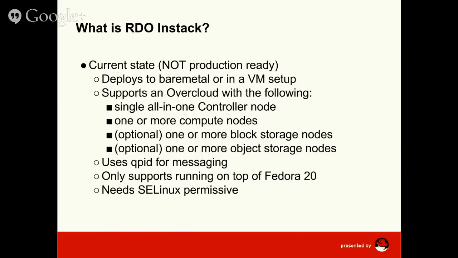The final production cloud that it will let you deploy today will support a single all-in-one controller node in that Overcloud, one or more compute nodes, and then optionally you can have block storage and object storage nodes.